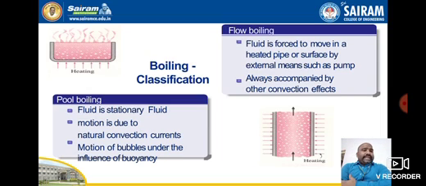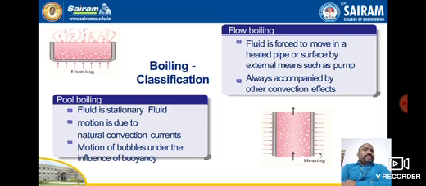Again, boiling is categorized in two ways: one is pool boiling and the other is flow boiling. What is pool boiling? In pool boiling, the fluid is stationary and motion is due to natural convection currents. The fluid is in a static condition and there is no forced motion, but there is motion due to natural convection currents and motion of the bubble under the influence of the buoyancy effect.